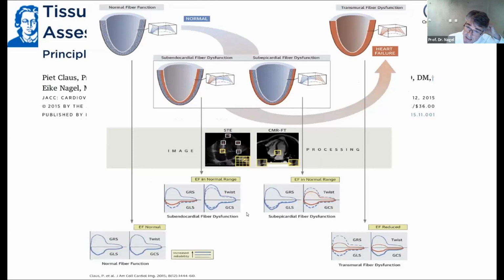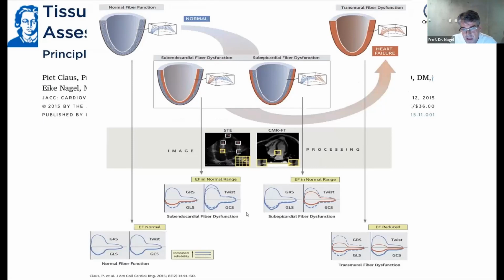Now, the original idea here is that when you have problems with your endocardium, your subendocardium, for example, ischemia, then longitudinal shortening will go down, whereas circumferential shortening will go up to compensate for the reduction of global longitudinal shortening, which will then result in a normal ejection fraction. Or the other way around, if you have a patient with normal ejection fraction, they may actually have reduced longitudinal shortening with a compensated increased circumferential shortening. And that's the main part we're looking for.